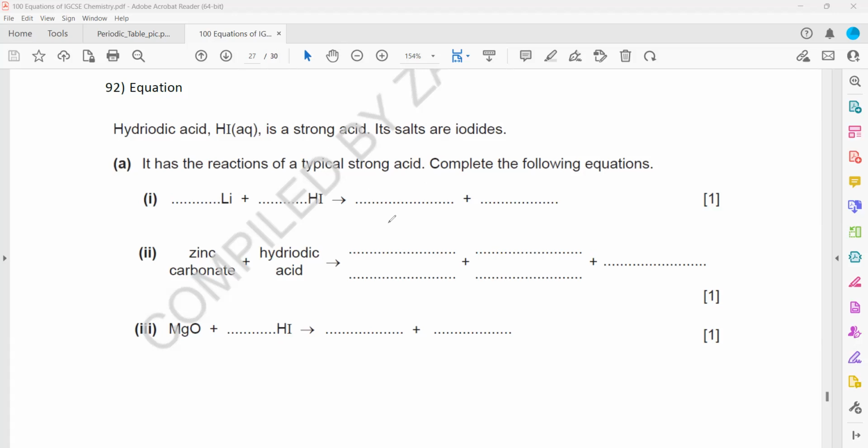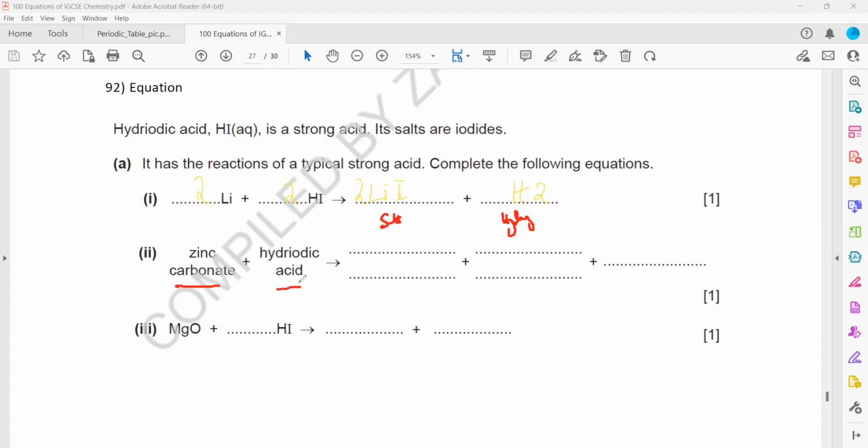What is the product? It should be a salt plus hydrogen. So which salt will be produced? Lithium reacts with hydroiodic acid. Lithium iodide. So it will form lithium iodide plus hydrogen. Then if you balance the equation, that product is correct. So this equation is balanced now.